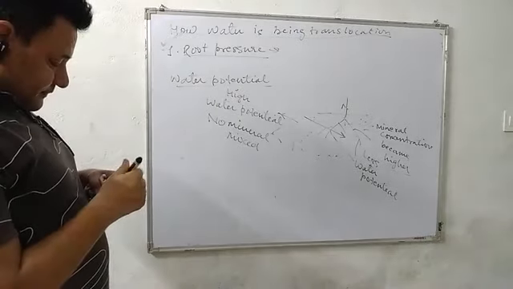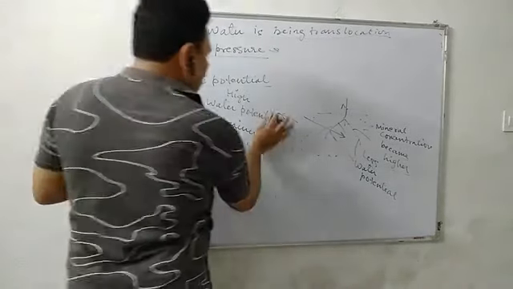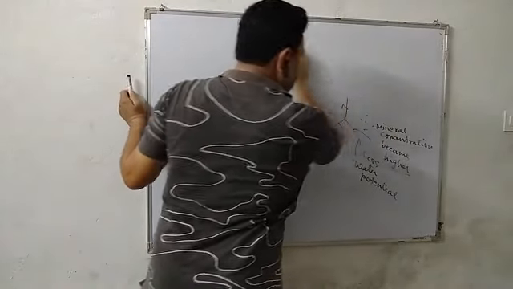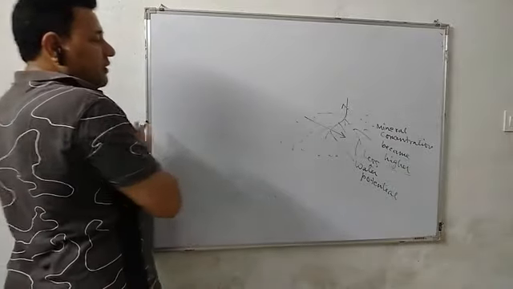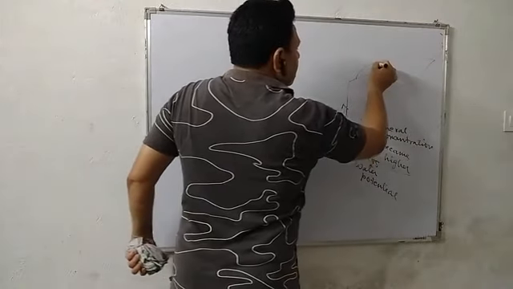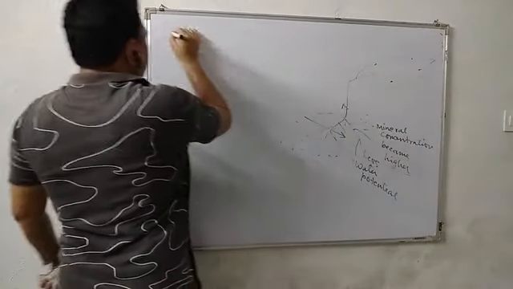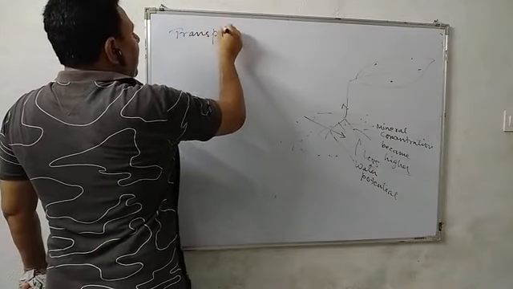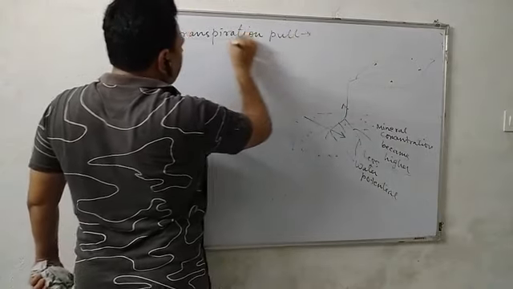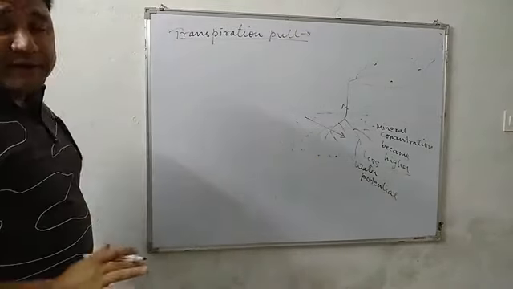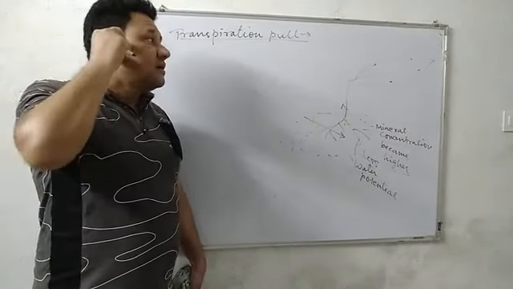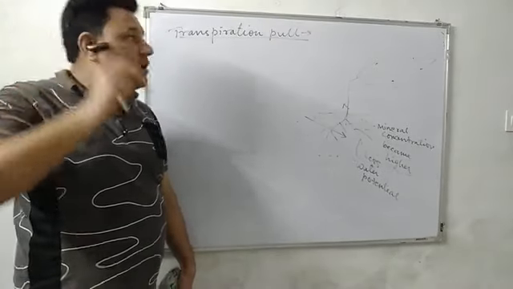The second thing is transpiration pull. You know, loss of water in the form of vapor from the aerial part of the plant is known as transpiration.